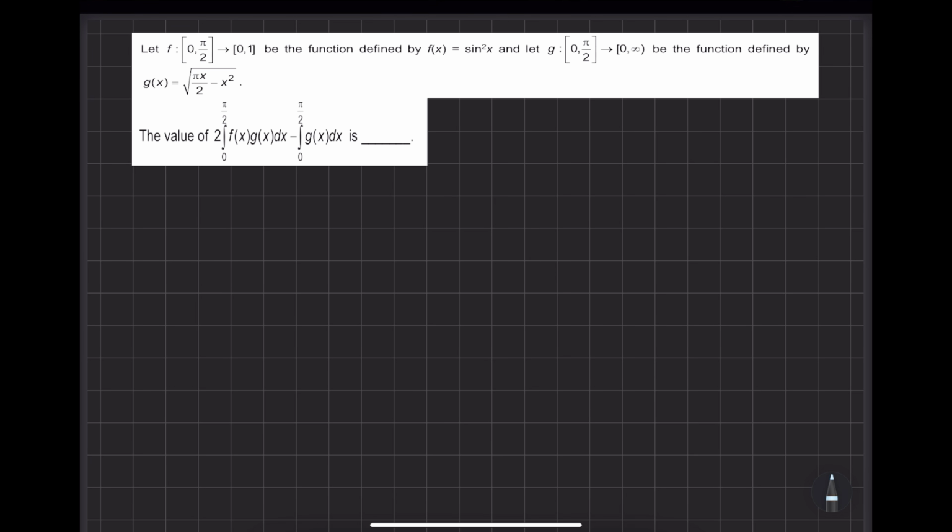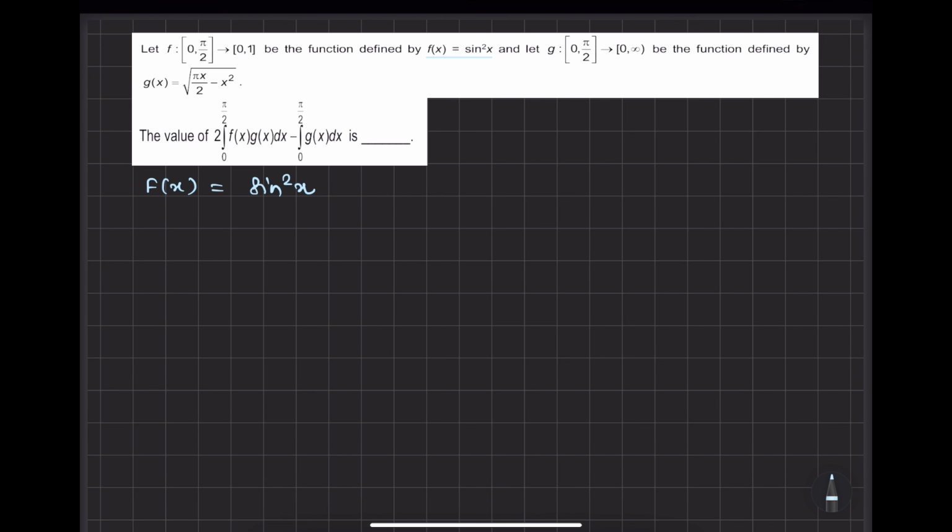So suppose that we got this situation to handle. Let f defined from 0 to pi by 2 to 0 to 1, both closed, be a function defined by f of x equals sine square x.